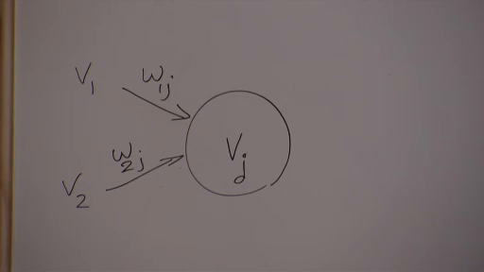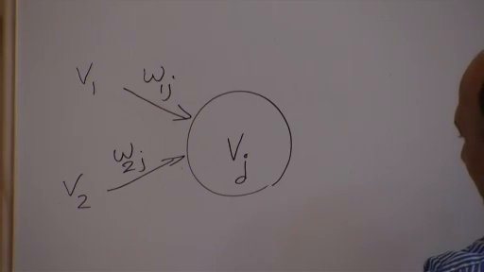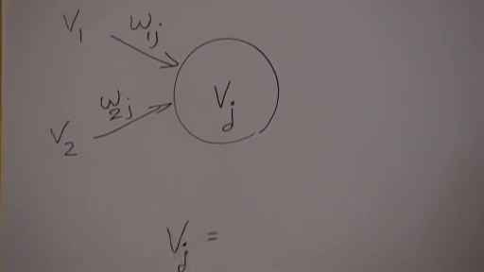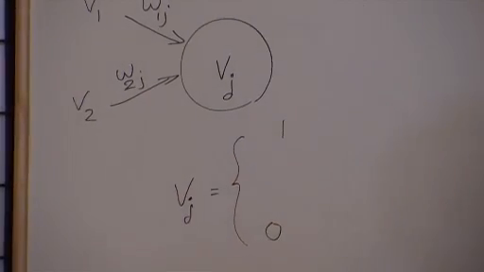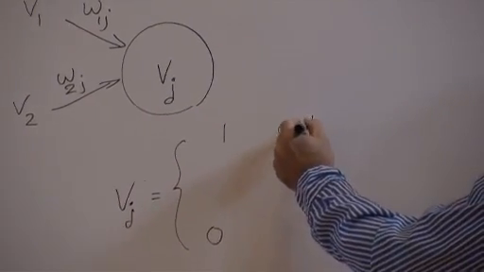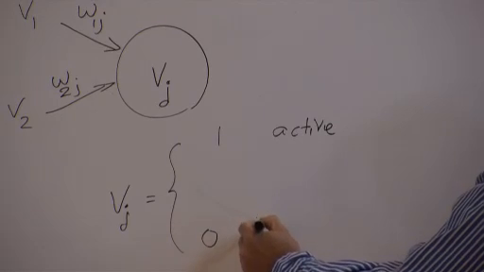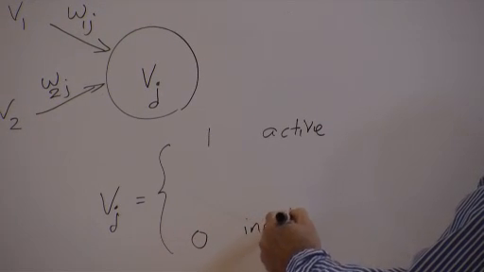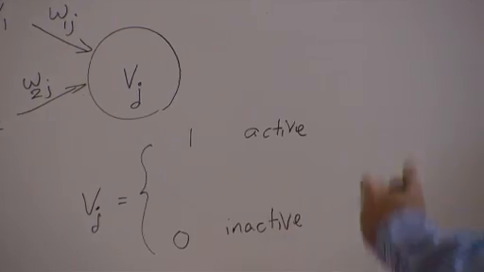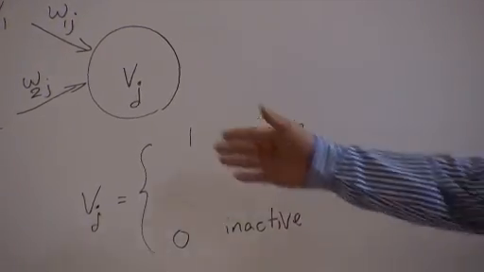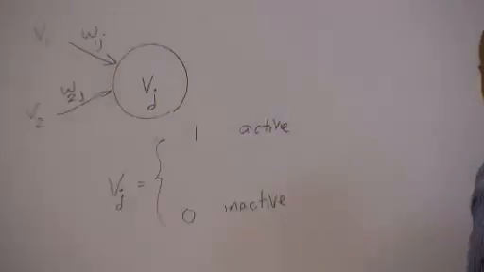All right, so as we discussed previously, the state of the neuron, V sub j, is equal to either 1 or 0. You're in an active state or you're in an inactive state. Now, how is that decided? Depending on the linear combination of the input received.